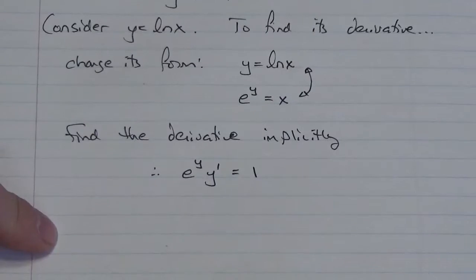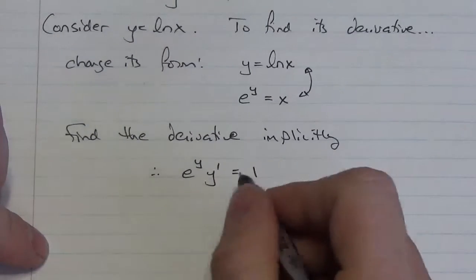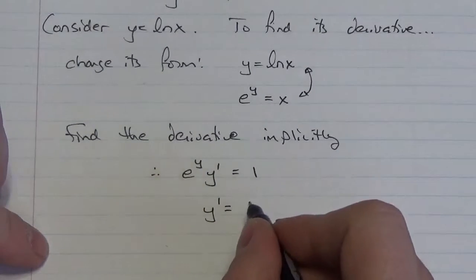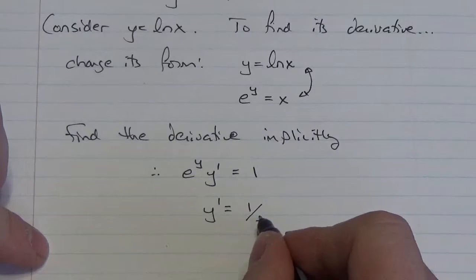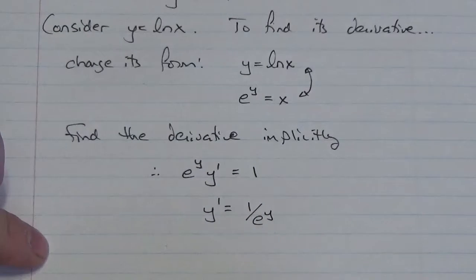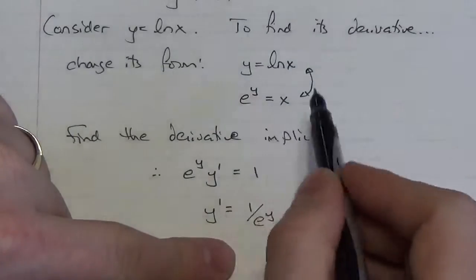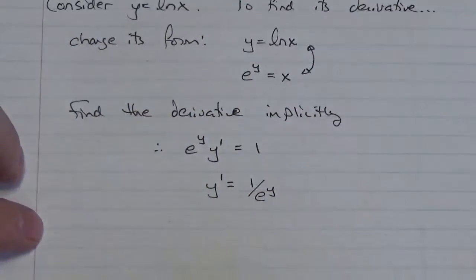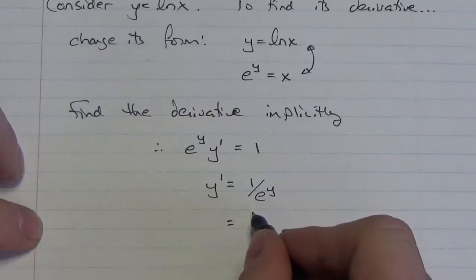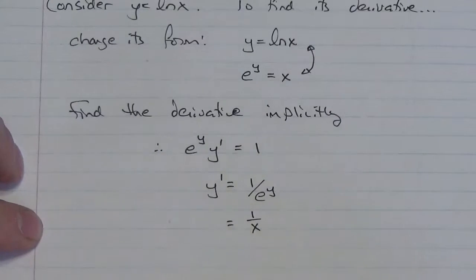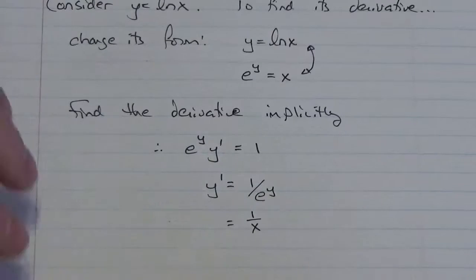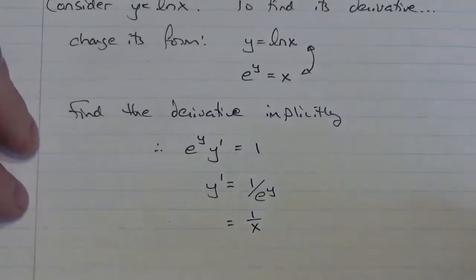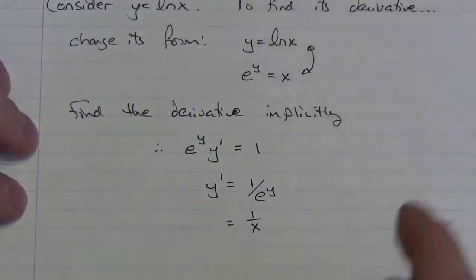That's easy. So if I solve for y primed, y primed is going to equal 1 over e to the y. But I know from up here that e to the y is just equal to x. So y primed is simply going to be 1 over x. And there it is. That's the rule that I'm looking for.